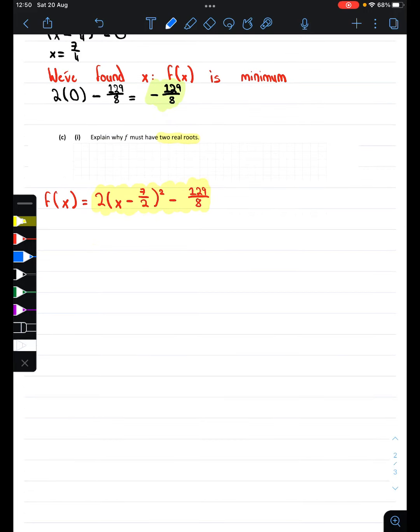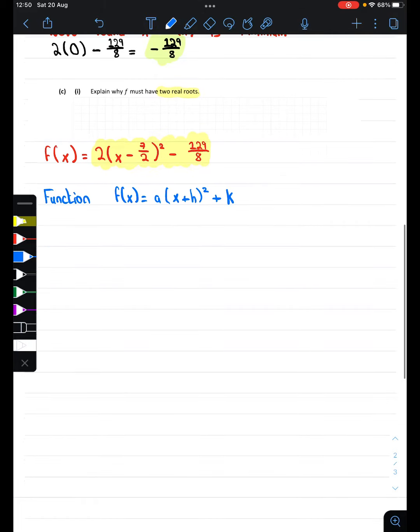When we've completed the square, when we have a function in the form as they asked for it, a times (x plus h) squared plus k, then the function has 2 real roots if a and k have different signs.